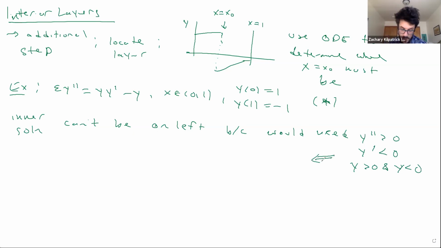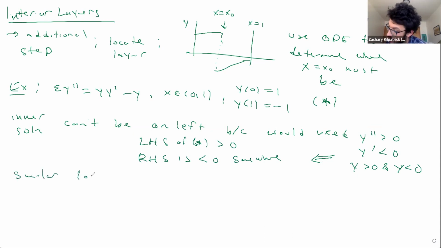And this would imply that the left-hand side of star is greater than 0, and the right-hand side is less than 0, somewhere in that region, okay? And similar logic excludes a right boundary layer, okay?